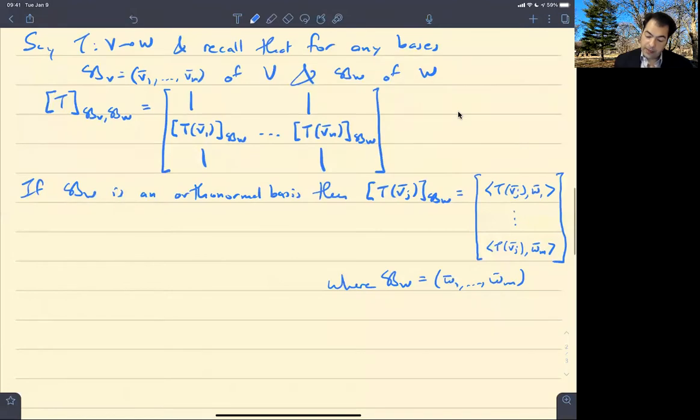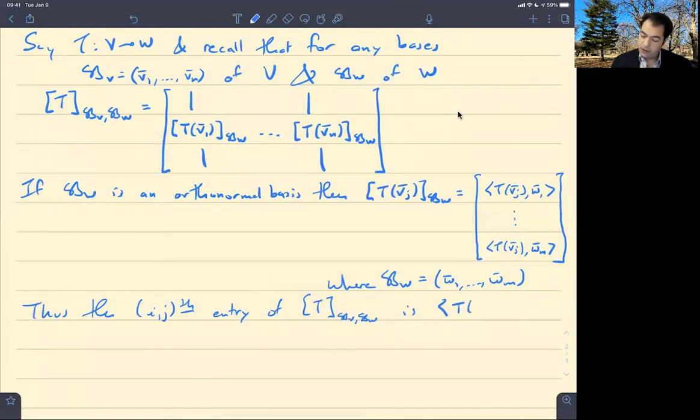Well, but now if we look back at the matrix, we can say that the ijth entry of the matrix representing T with respect to the bases BV and BW is the inner product of T of vj with wi.